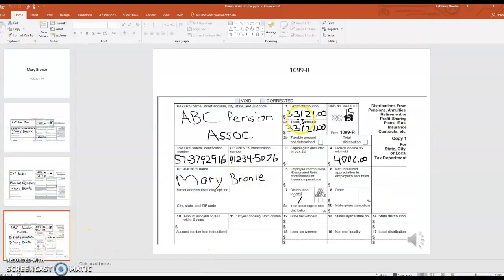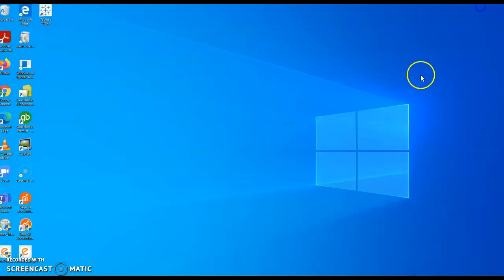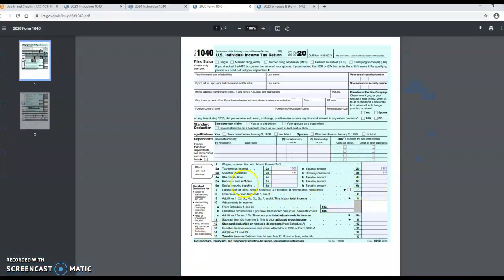Okay, and Mary also has a pension. She gets $33,121 in her pension. That's on line 5. Total pension goes on 5A, and then how much of it is taxable, which is all of it, goes on 5B.